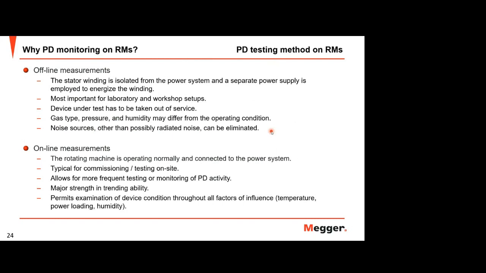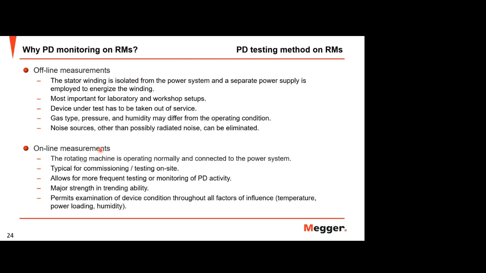So if you are concerned about accurate PD measurement, offline measurement is preferable, because this offline method can give you a more precise, more accurate value of the partial discharge on your asset. But the problem is, you need to de-energize your system, your asset.